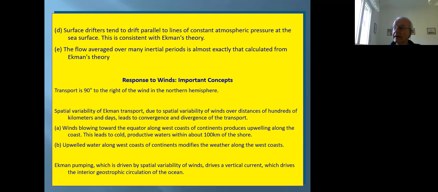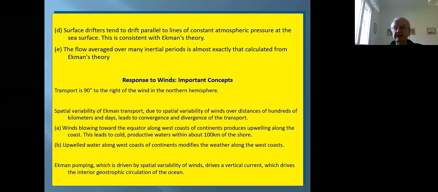So you can get the upwelling at the open sea, not only along the coast, because there is certain divergence in the surface layer due to the divergent Ekman transport, and this due to the spatial variability of this Ekman transport.